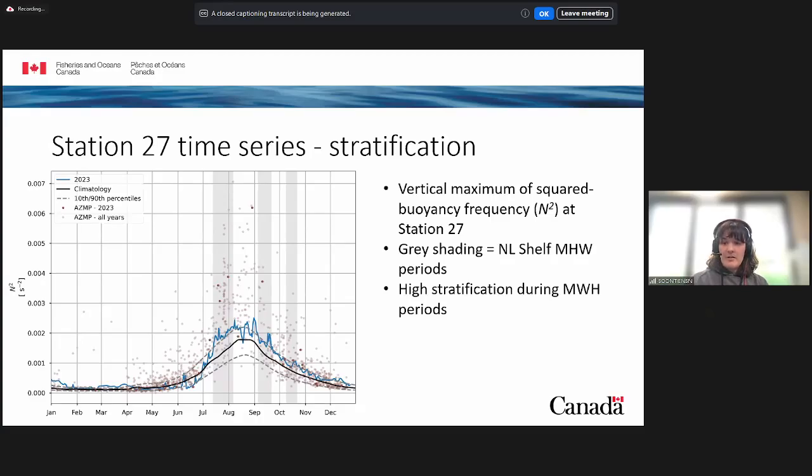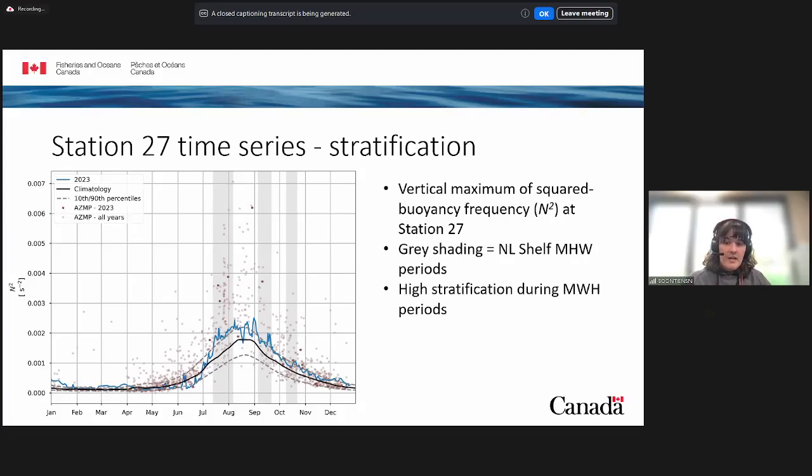The 2023 time series is again in blue, and as before, the climatological mean is black, and the 10th and 90th percentiles are gray dashed. Higher values mean that the water column is more strongly stratified. We also compare the stratification from the AZMP data in the brown dots, where the dark brown indicates 2023 values and the lighter brown are from the 1993 climatological period.